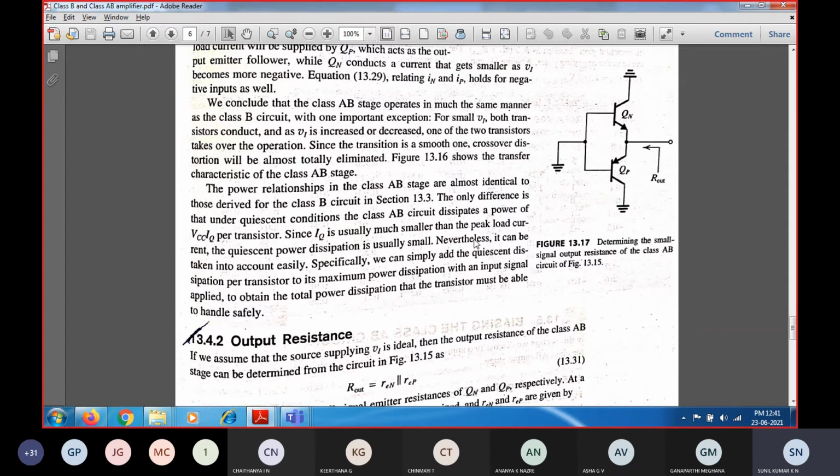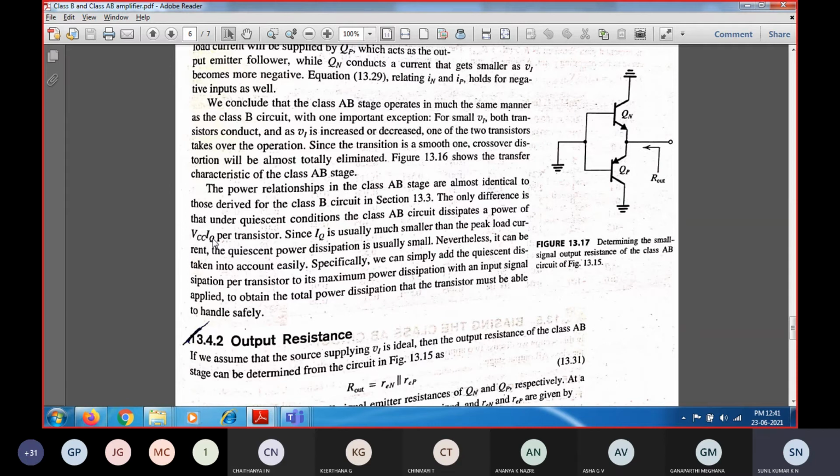So the circuit power dissipation is VCC into IQ. The value of IQ will be very much smaller when compared to the quiescent power dissipation in the class A amplifier. In the class A amplifier, VCC into IQ was large, whereas in this case the IQ value will be very small.